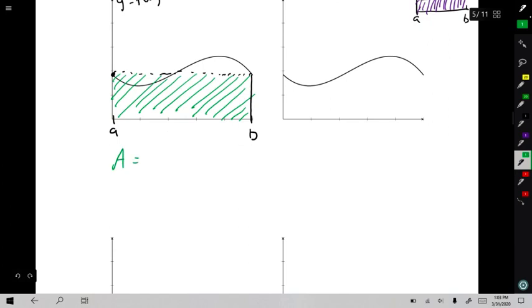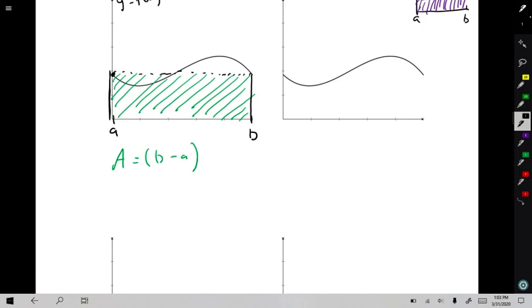So area is equal to base times height. If I want to think about what my base length is here, if I'm going from A to B, the base length should be B minus A. And the height of this rectangle, well, I set the height to depend on this left endpoint here.